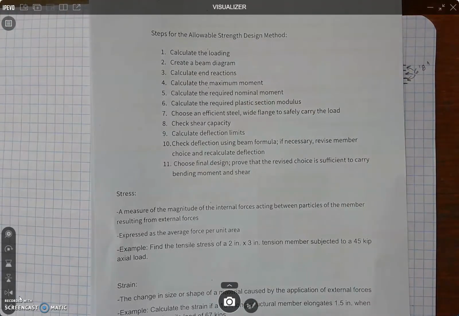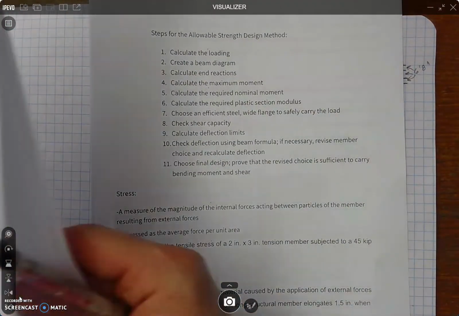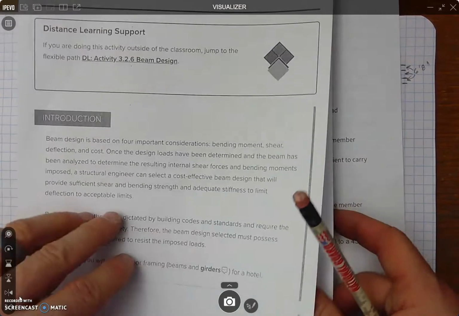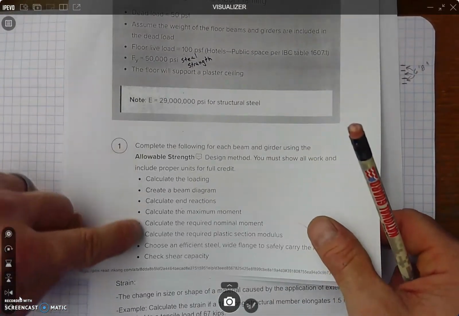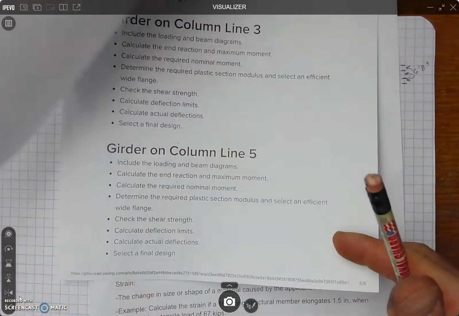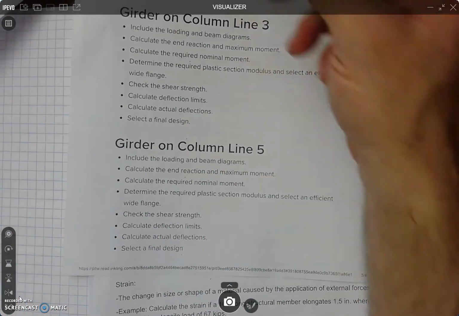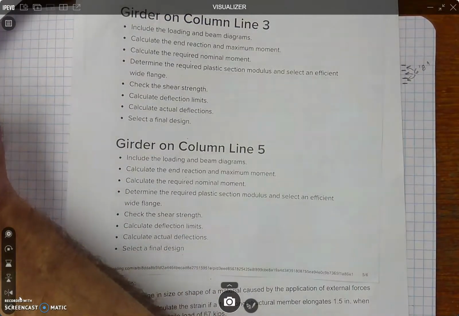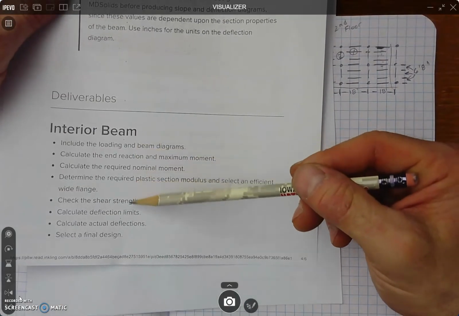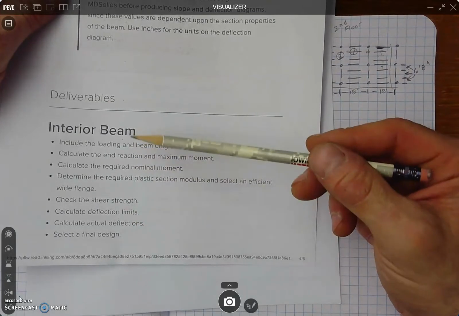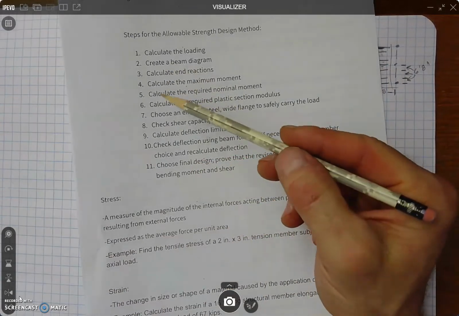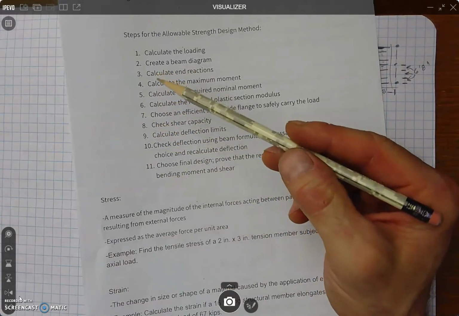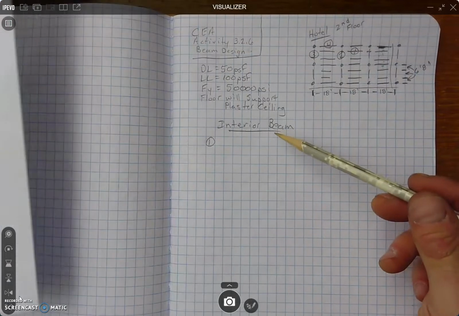In the assignment packet, they number them slightly differently, because they give you the same list but combine some of the steps when we go through them. If you want to stay on the right number, we're going to stay with these numbers right here. So number 1, calculate the loading.